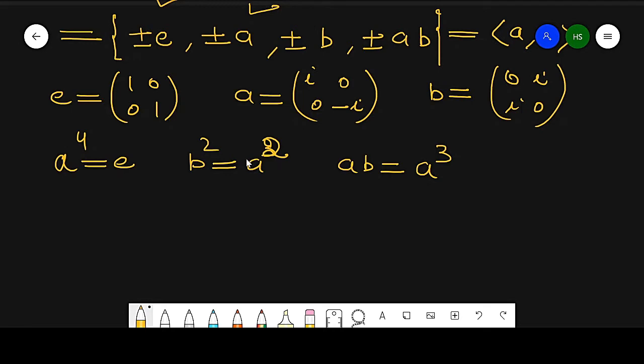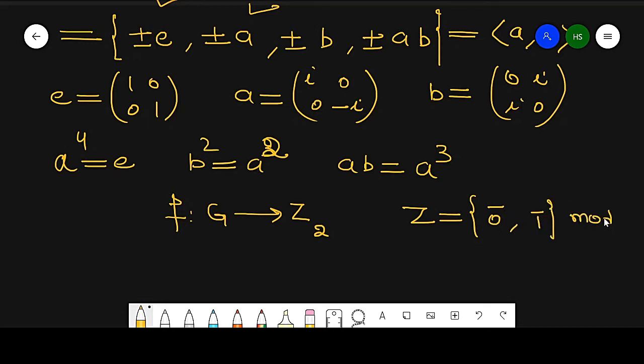Now to find the kernel. What is the kernel of this f mapping from G to Z2? What is Z2? Z2 is 0 bar and 1 bar, the residues modulo 2.